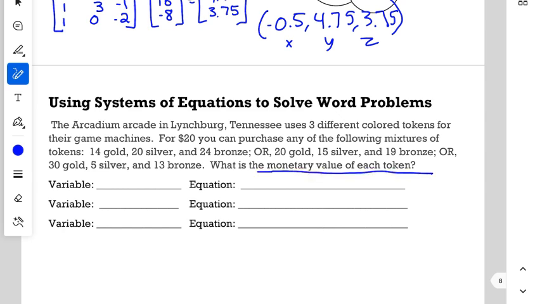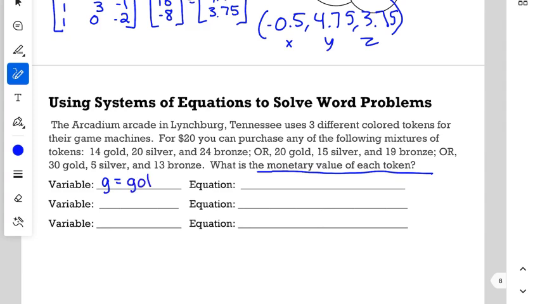So underline the question we want to answer. How many tokens do we have? Well, how many types of tokens do we have? 3. What are they?